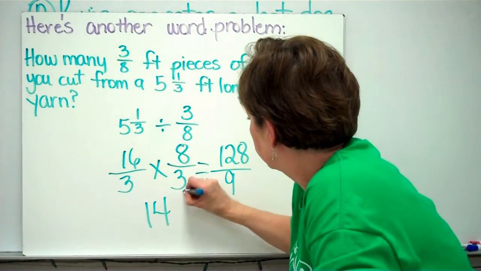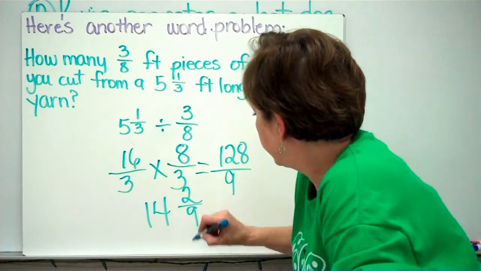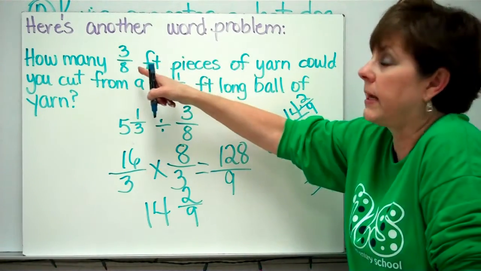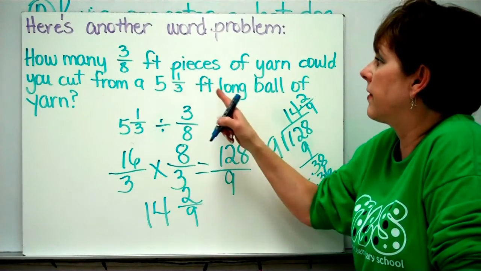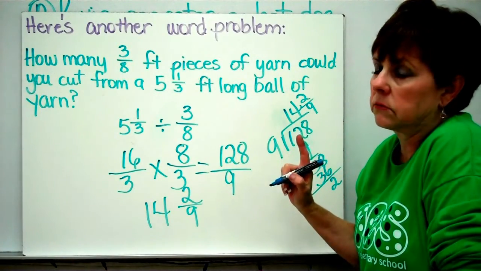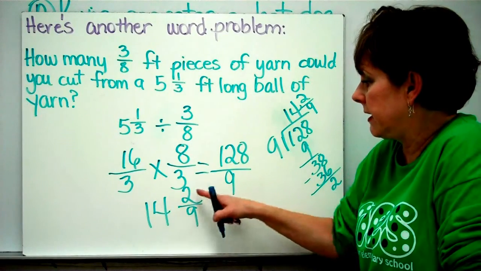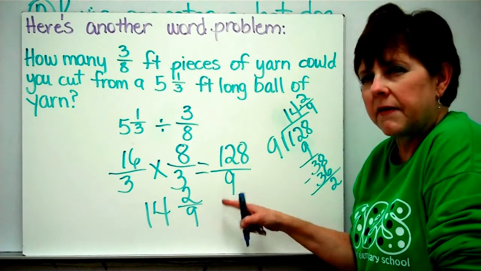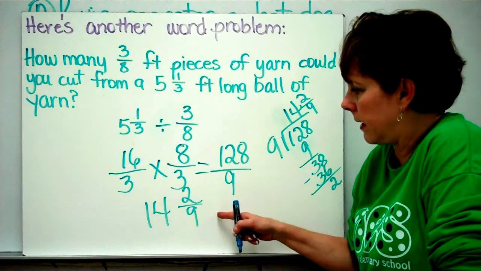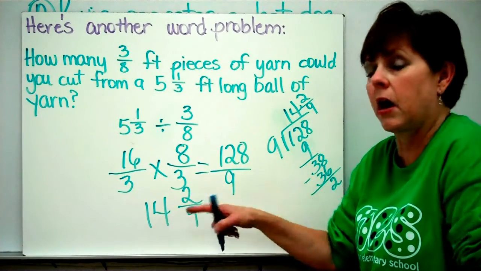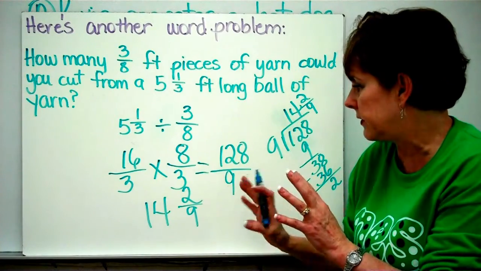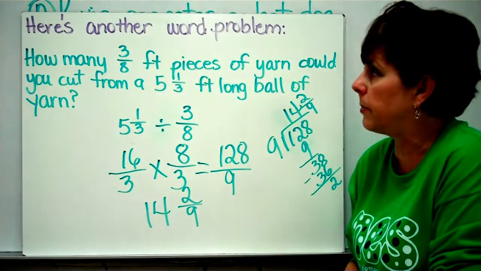So let's see our original problem. How many 3/8 foot pieces of yarn could you cut from a 5 1/3 foot long ball of yarn? I could cut 14 and 2/9. Could I cut a 15th piece? No, not quite. We've got a little bit left over. It won't be a full 15, but we can cut 14 whole pieces and then 2/9 of another piece.